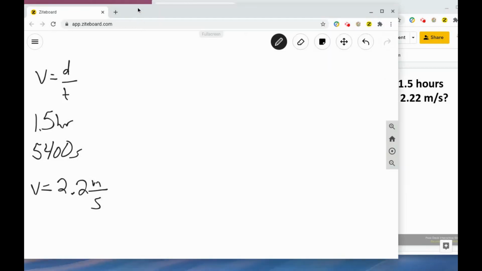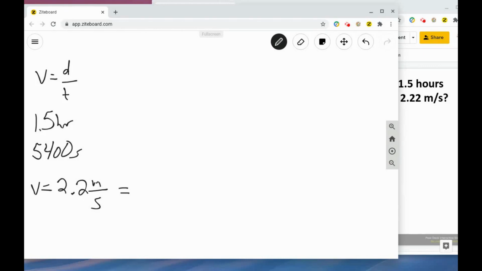Now, one thing that we have to be aware of are our units. If we look at our velocity, it's in meters and seconds, and then we were given the time in hours and seconds. So when we set this up, we're going to use the same units throughout.